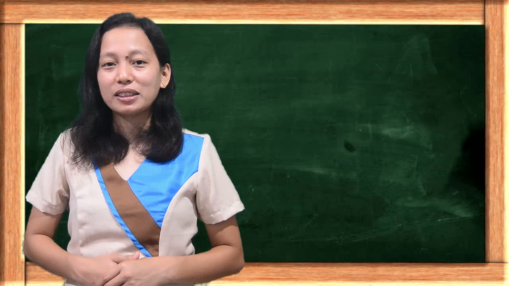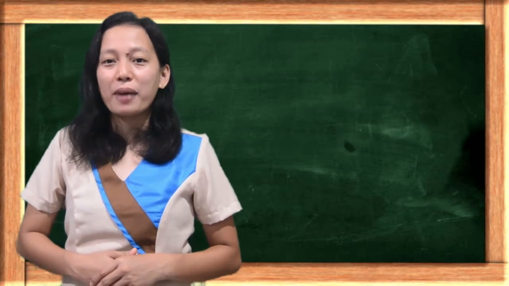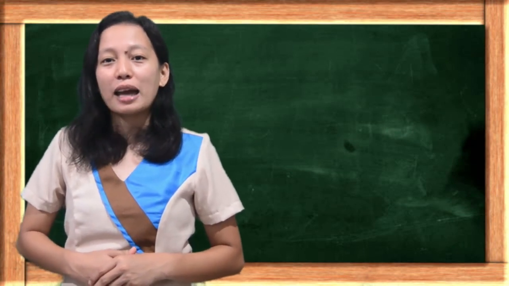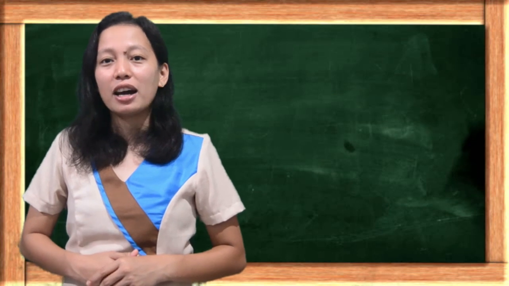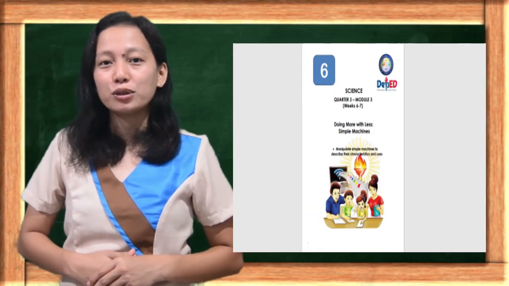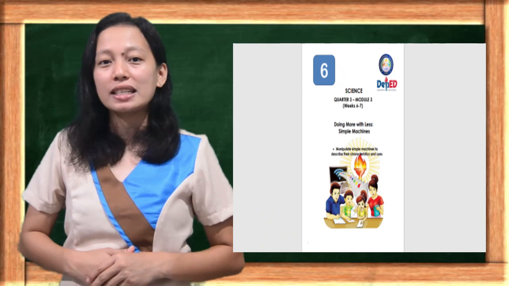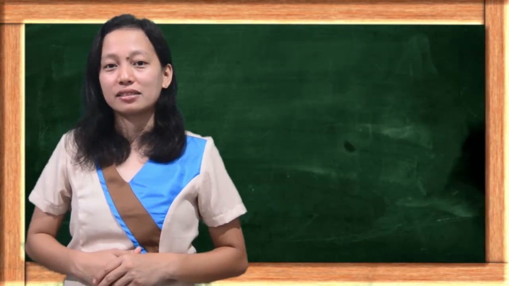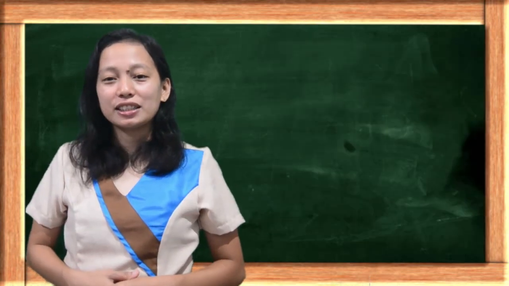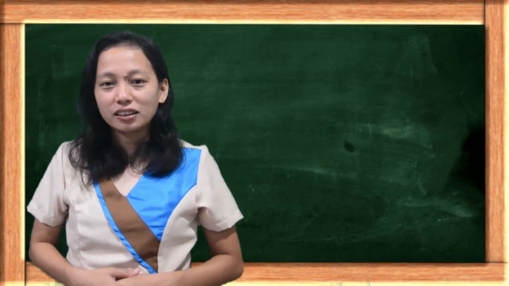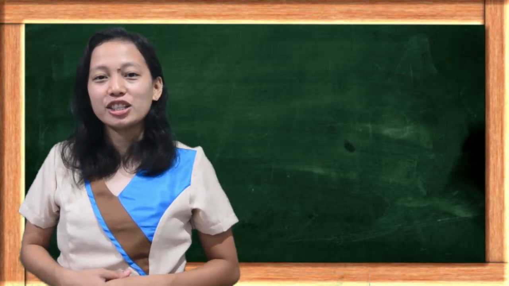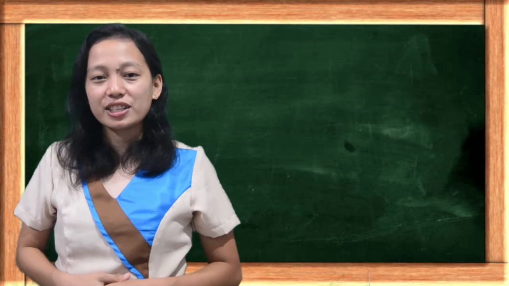And now, it's about time to challenge yourselves by answering the Activity 2 and post-test that can be found in your Science 6 Module 3, Quarter 3, Week 6 to 7. And for your additional activity, make a new product on electrical and light energy by creating simple series connection.